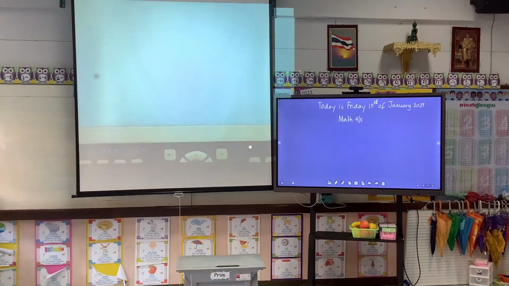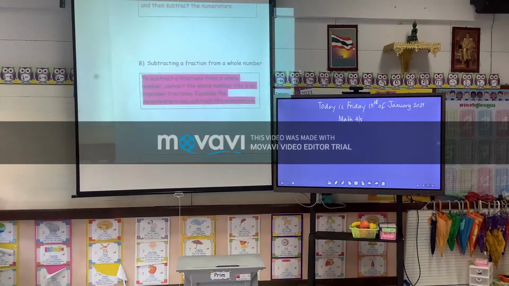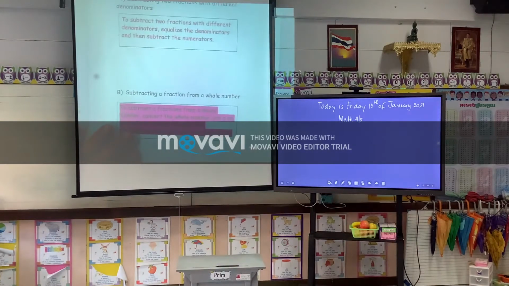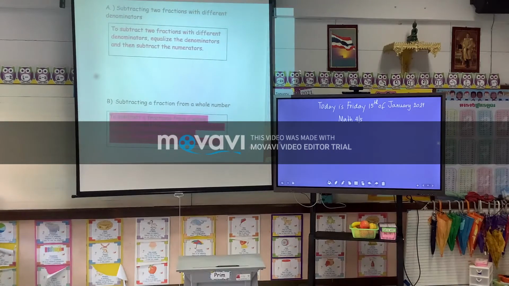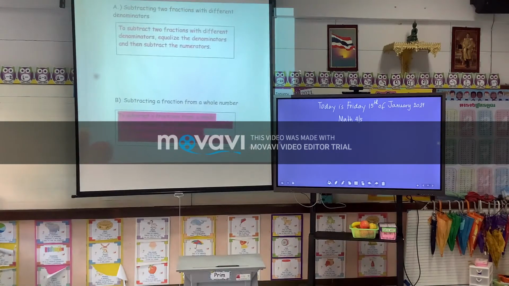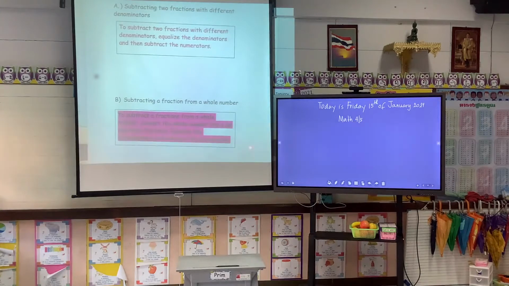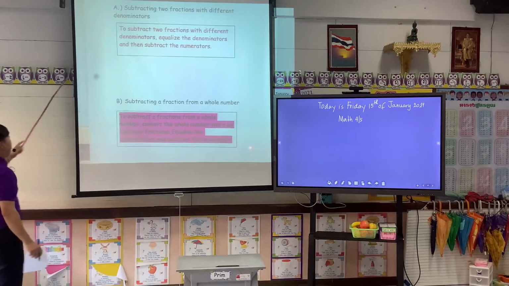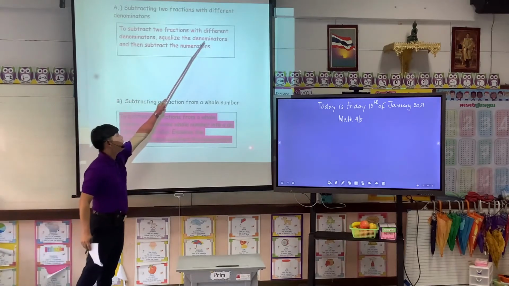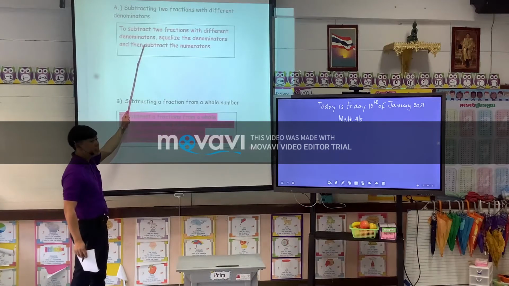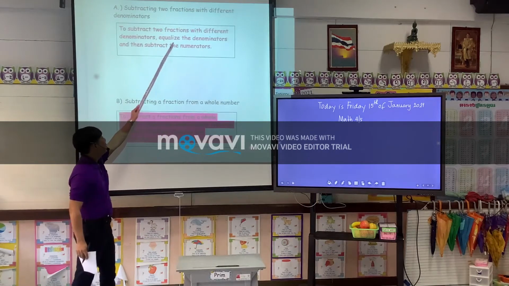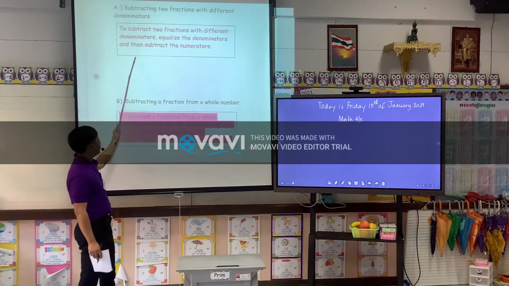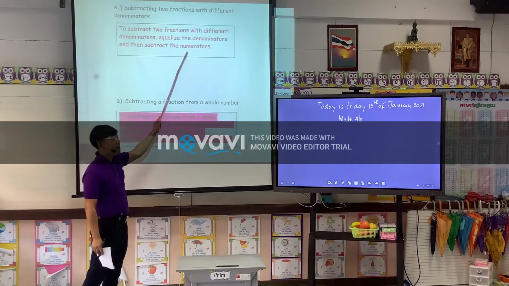Okay, so I have one more example to show you on how we subtract two fractions with different denominators. To subtract two fractions with different denominators, equalize the denominators and then subtract the numerators.